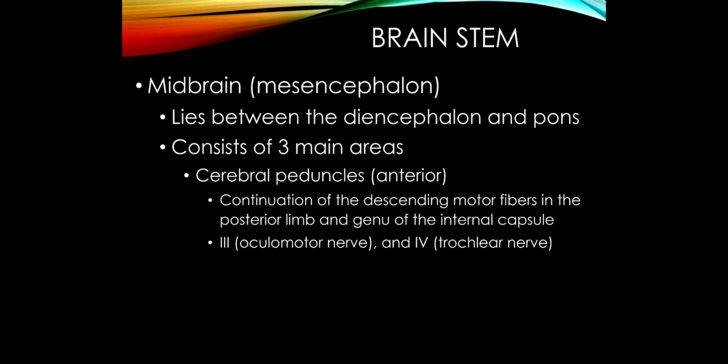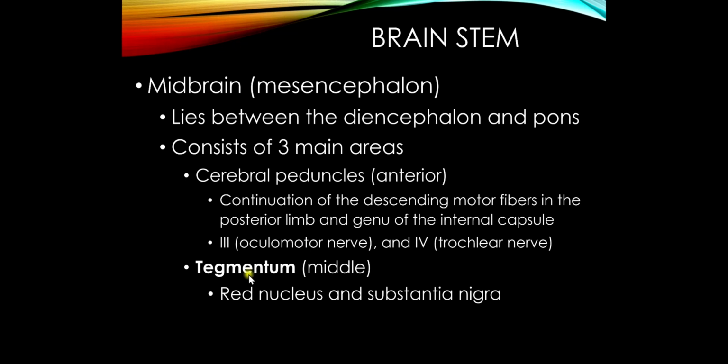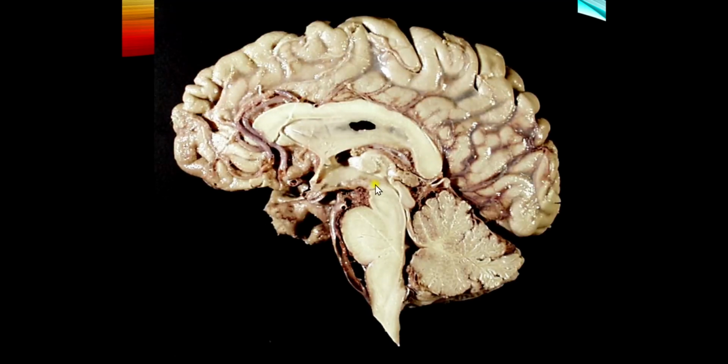So we first have the cerebral peduncles, and then as we move back, we come to an area of the brainstem called the tegmentum, which is kind of the middle portion of the midbrain. For now, I'll just have you know two structures that are in the tegmentum, the red nucleus and the substantia nigra. This middle portion is the tegmentum.